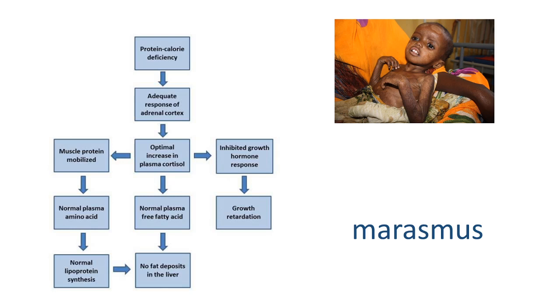In starvation, in prolonged, chronic starvation, we will see some problems with protein synthesis. But at the beginning, we can see quite an adequate level of plasma proteins. And we can see the inhibition of the growth hormone, and we can see growth retardation.